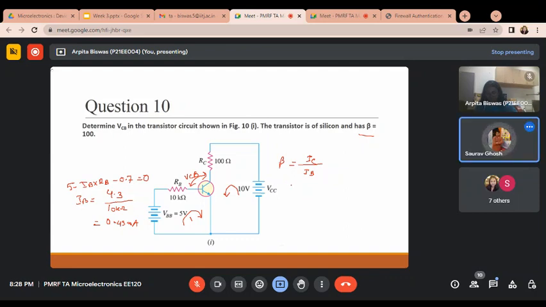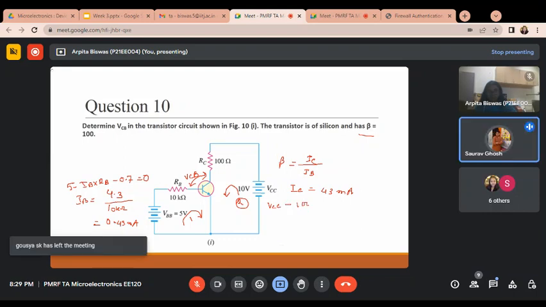IC, ma'am, it will be beta times IB. So beta is given as 100. So 100 into 0.43 milliamps, that is 43 milliamps. So ma'am, if I get the value of IC, then we can use the output loop that you have given. On the output side, we will be getting the value of VC equivalent to VCC minus ICRC.